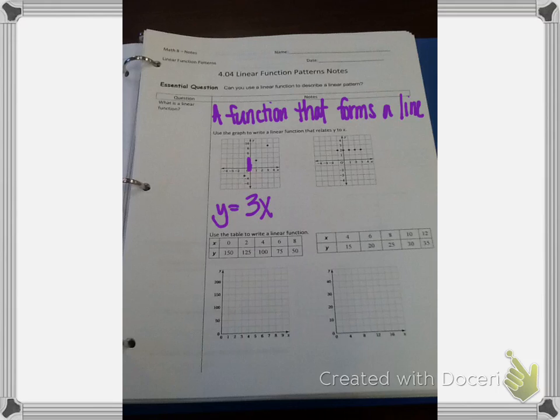So y equals 3x would be the equation of the line if you had the plus 0 in there for the y-intercept. That's not wrong, however, it looks better not to have it.